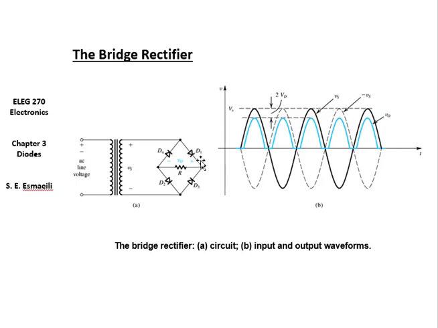D1 is not going to pass, right? It's against the direction. So all the current goes through the resistor and it will go out this way. So you see how neat, with just 4 diodes we created a very cool full wave rectifier.